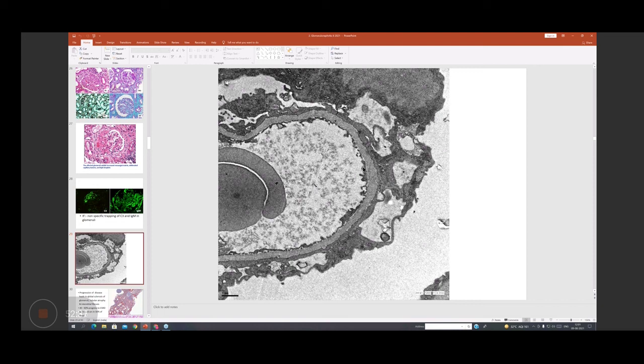Now in FSGS, the structure of the glomerular basement membrane remains unremarkable. There is no change. But the podocytes which are present on the surface become completely effaced and no longer possess the capability of holding back any of the proteins. So in FSGS, the primary change is in the podocytes, not in the glomerular basement membranes, and therefore this leads to a leakage of proteins into the urine. I hope I've answered your question.